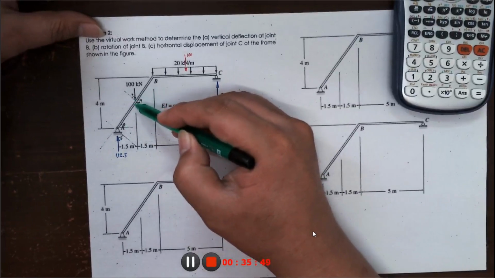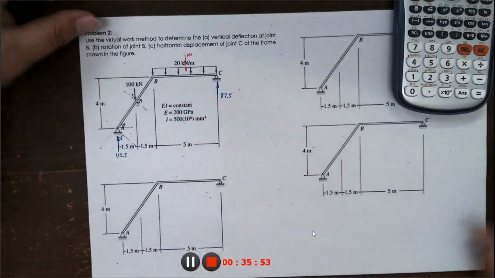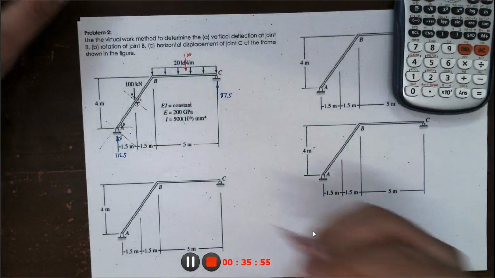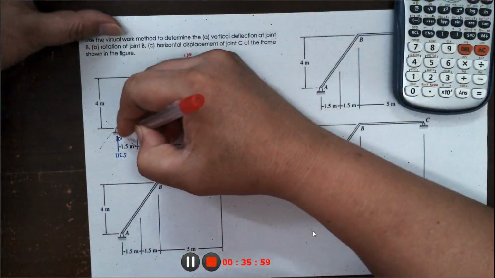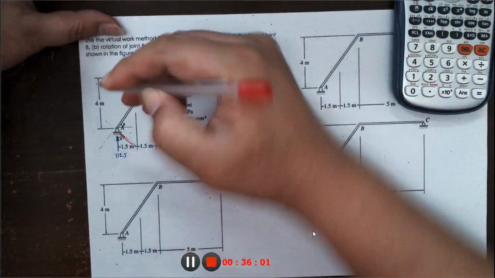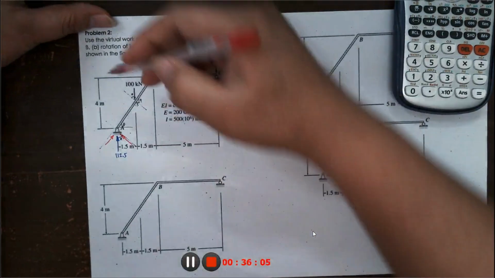Since that is 90, the other is theta so that makes 180 in total. So next is get the components of that, and then this one, same also for the 100.